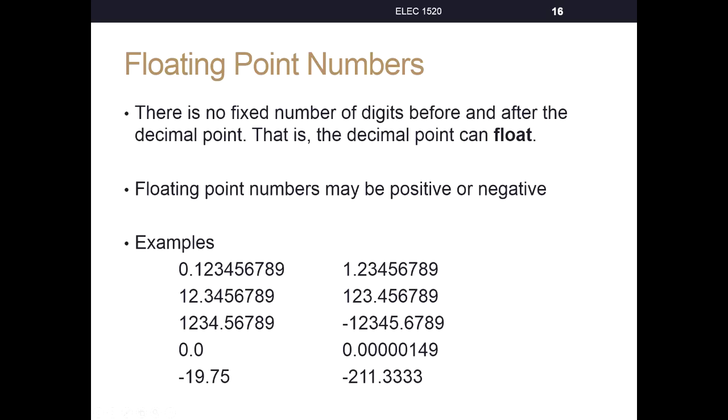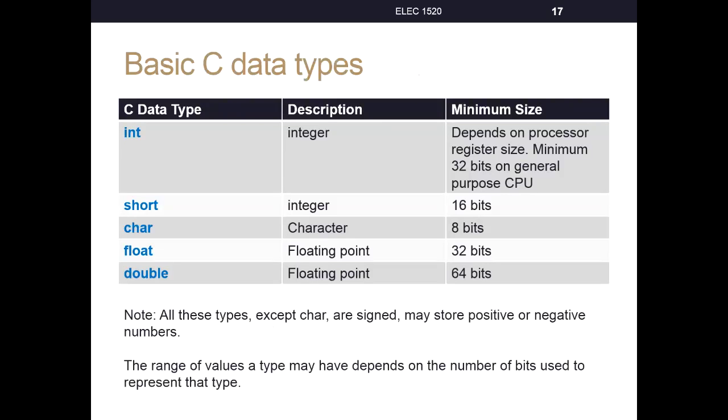Here's an example, 0.0. We can have just 1 digit after the decimal point. We can have a negative number, -19.75. So you can see in all these different examples, the decimal point is floating around. There's nothing that says you can only have so many digits to the left and so many digits to the right, and that's why we say it floats and it is not fixed.